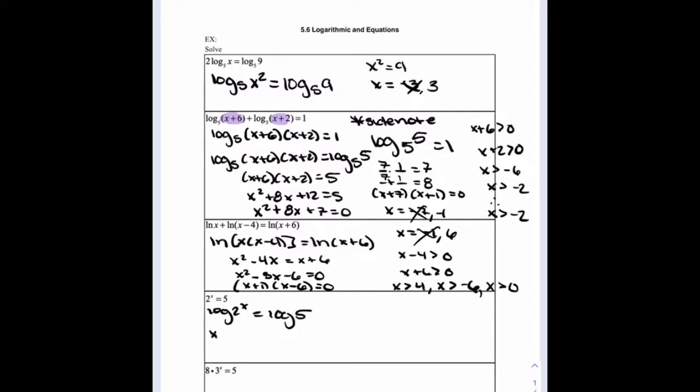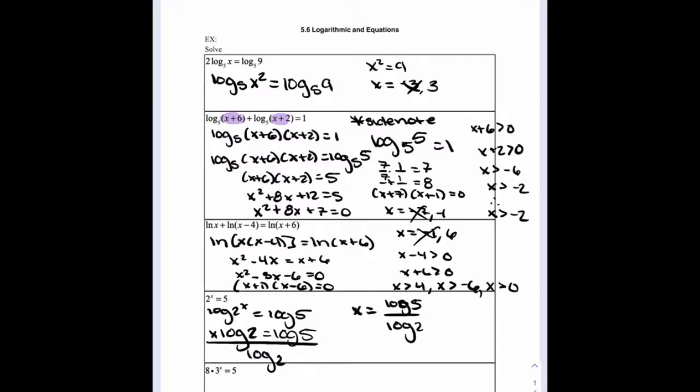So I'm going to change this into the factored form instead of exponential. So that's x log 2 equals log 5. So it's like x times log 2. So now if I want to solve for x, I'm going to divide both sides by log 2 and get x equals log 5 divided by log 2.